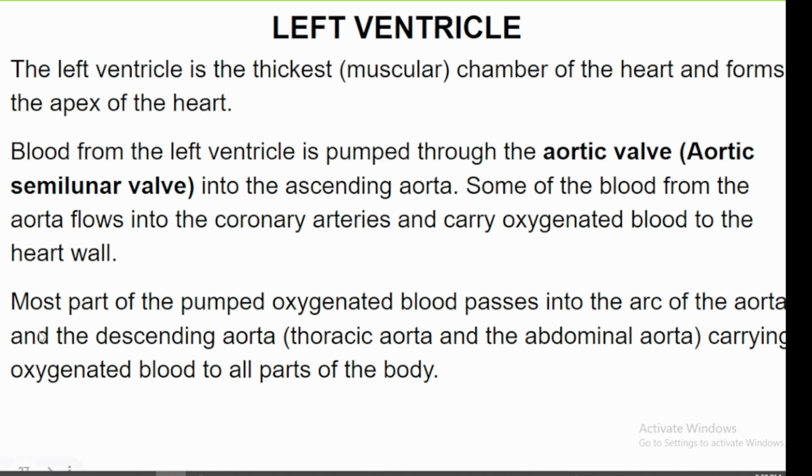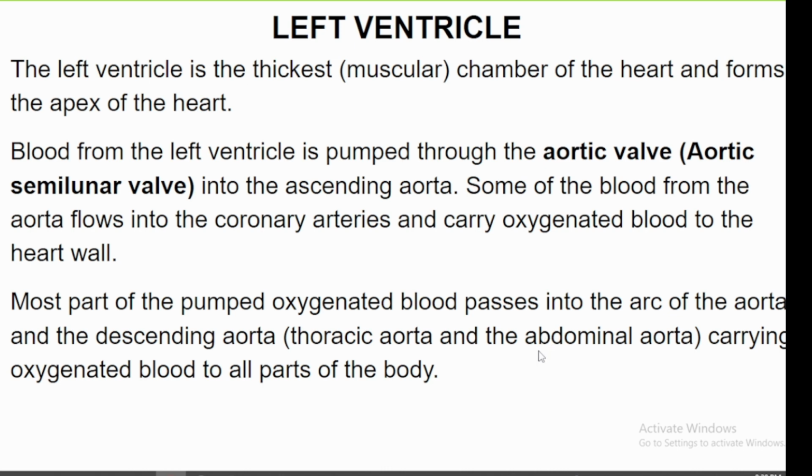The branch that descends is also divided into two, the thoracic and the abdominal. The thoracic is the aortic branch that branches into the thorax, or the chest walls. Is that okay? Then the abdominal aorta is the branch of the aorta that goes down into the abdomen.